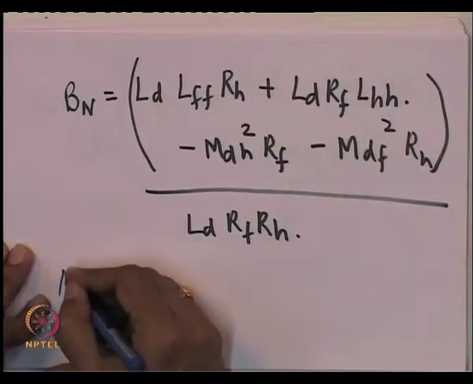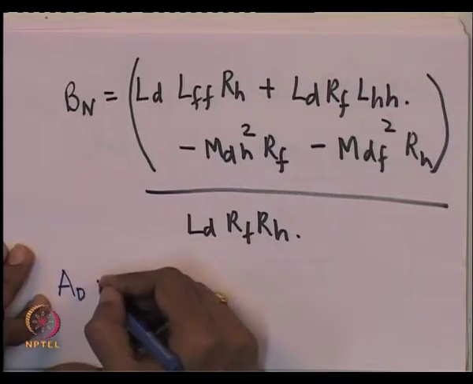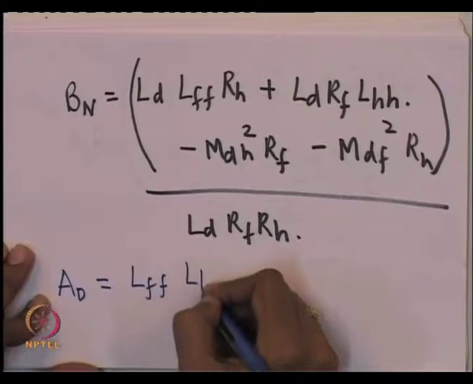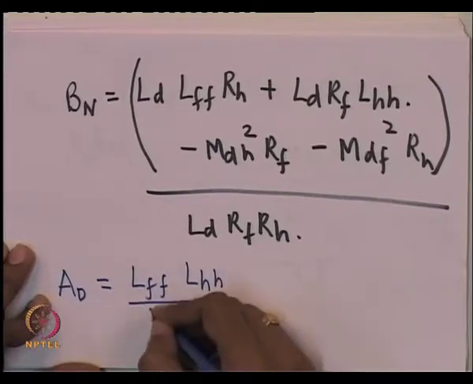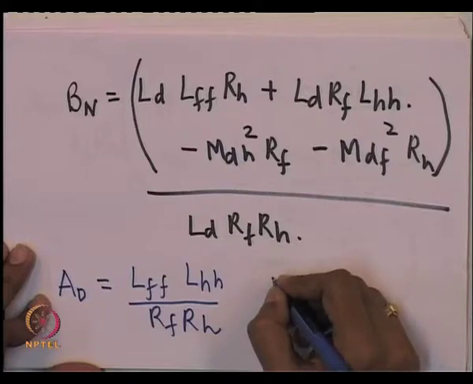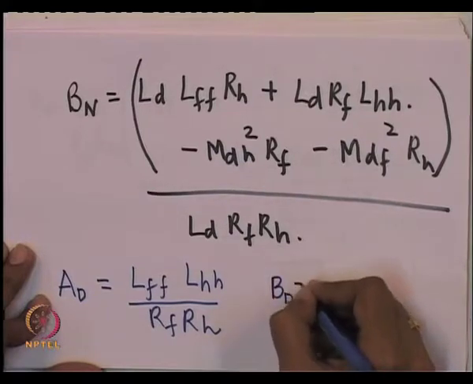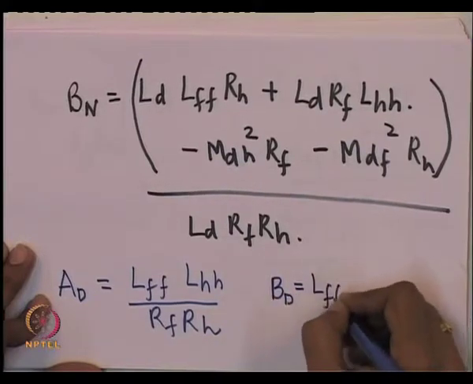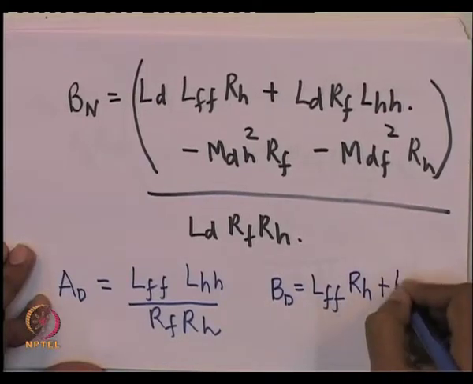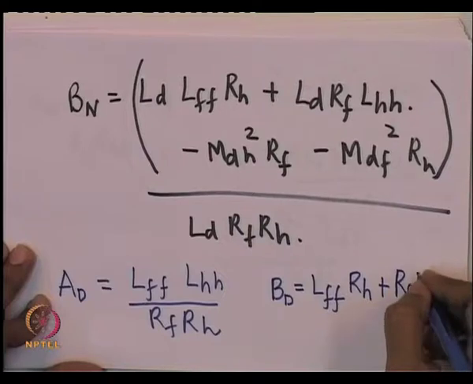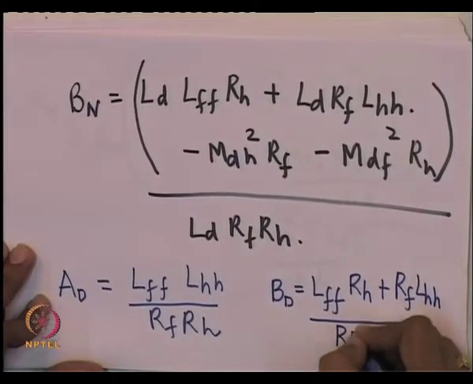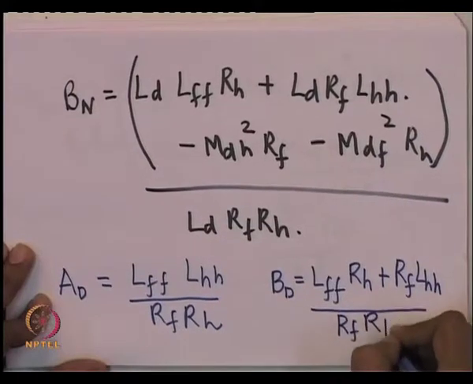A d equals LFF LHH upon RF RH, and B d is equal to LFF RH plus RF into LHH upon RF RH.